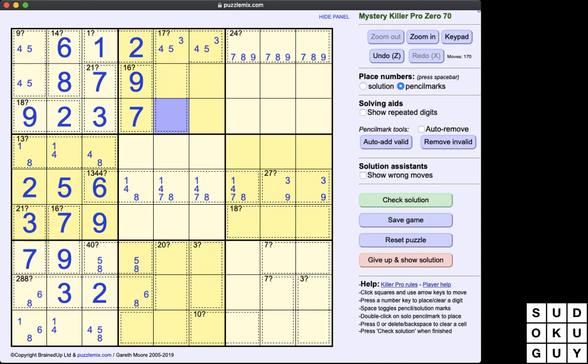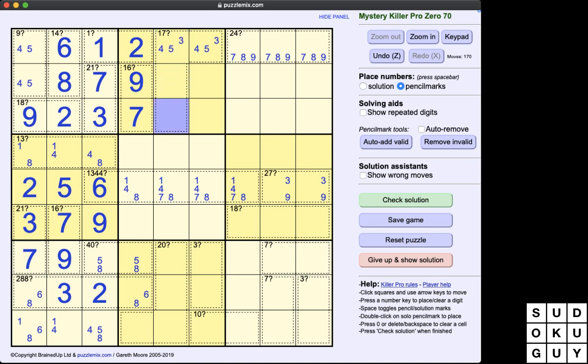I don't like this. Okay, so here 8 can only go here or here in this 3x3 box. I don't like 8 going here because that means this one has to be really low. But I don't think it's low enough for me to rule it out. Like if this is 4 and 5, then this has to be 0. But this doesn't have to be 4 and 5. It's either 3 and 4 or 3 and 5.